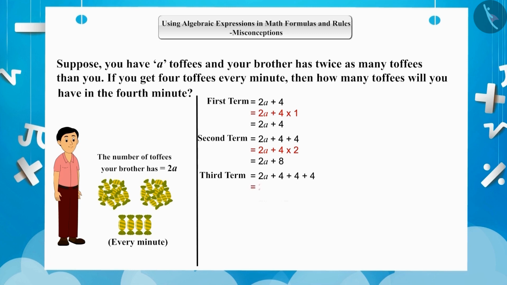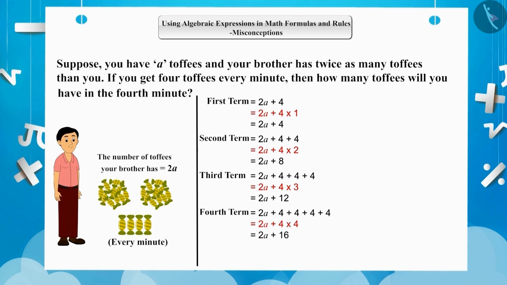That means 2a plus 4 times 3 is equal to 2a plus 12. And the fourth term will be 2a plus 4 plus 4 plus 4 plus 4. That means 2a plus 4 times 4 is equal to 2a plus 16.